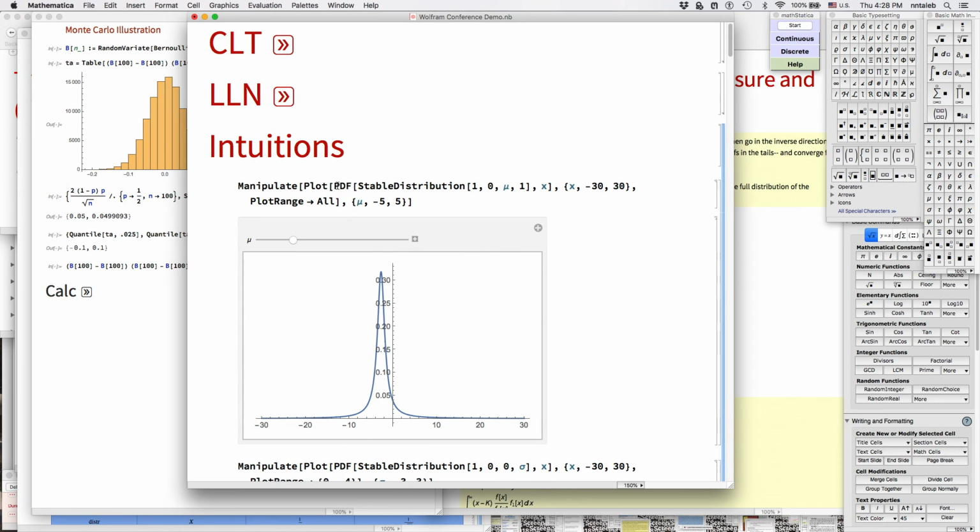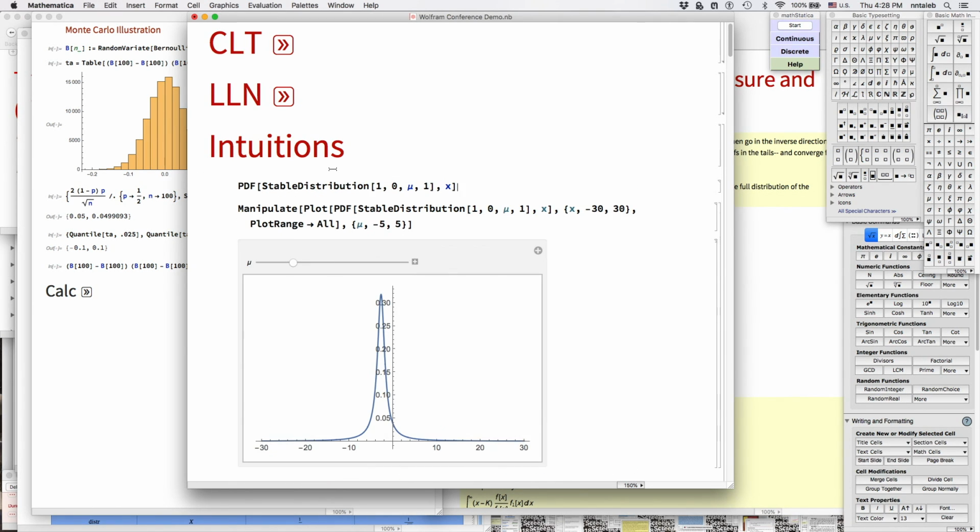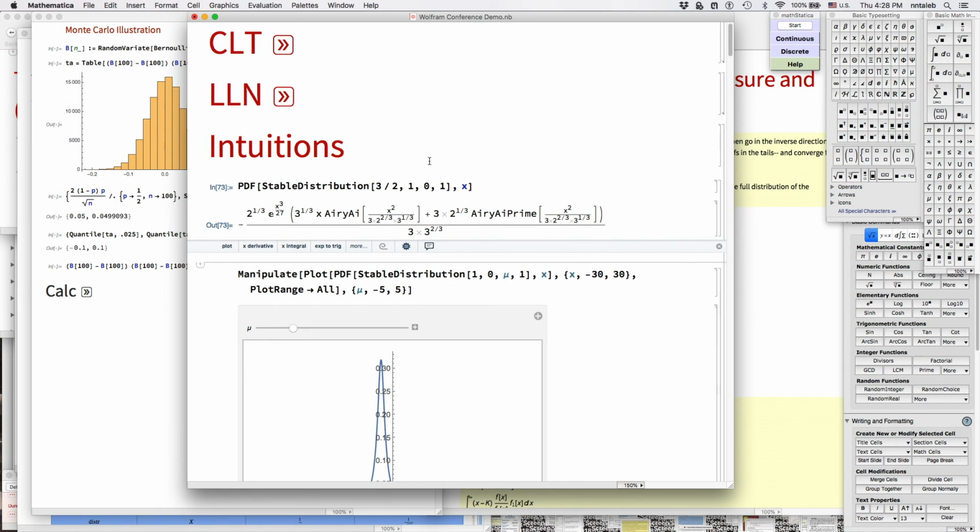Incidentally, I discovered one thing here, and I'm going to share it: although they say that the distribution has no closed form or near closed form, there are special situations where there is a closed form, alpha of 1.5.